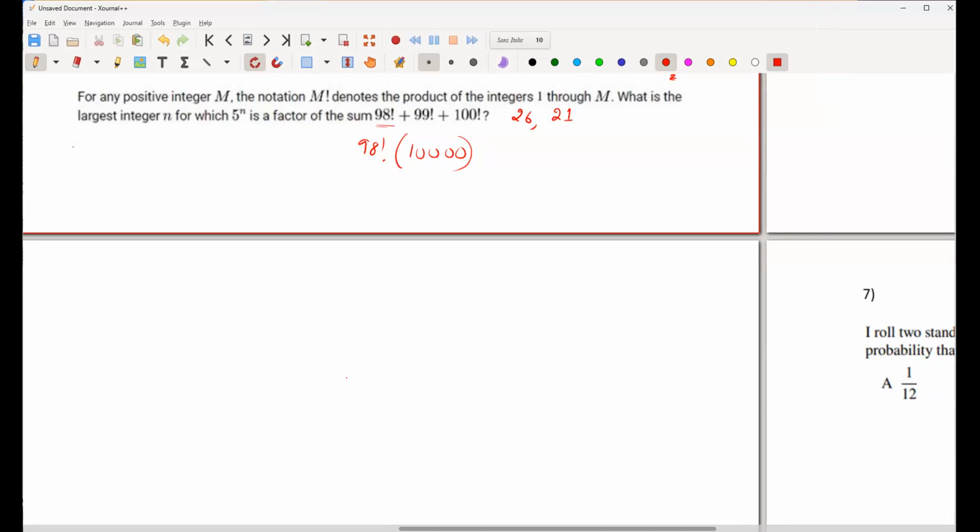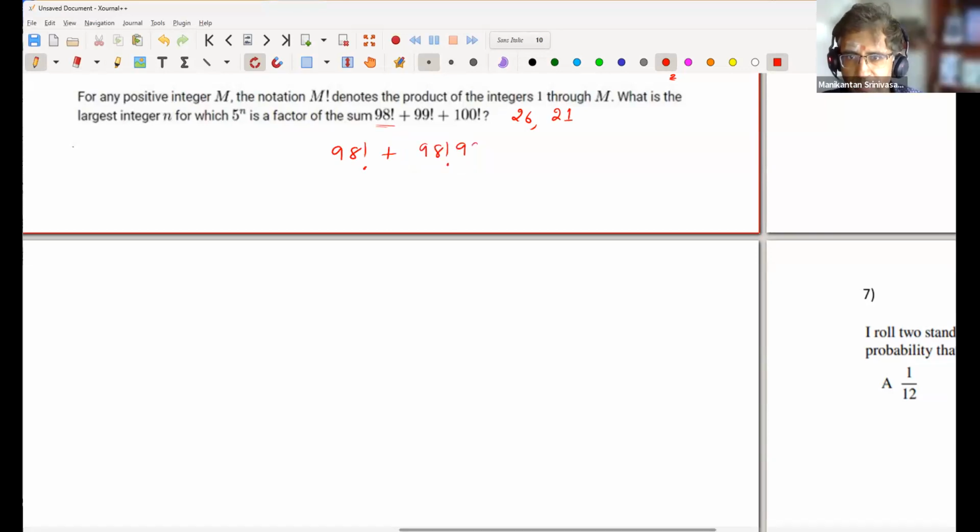So by factorizing it, you can take 98 factorial out, and it will become 98 factorial multiplied by 1 plus 99 plus 99 times 100. Okay, hold on 1 second. Let's make sure everyone is on the same page. What he's first doing is multiplying 98 factorial into 99. And then he's saying 100 factorial is nothing but 98 factorial into 99 into 100.